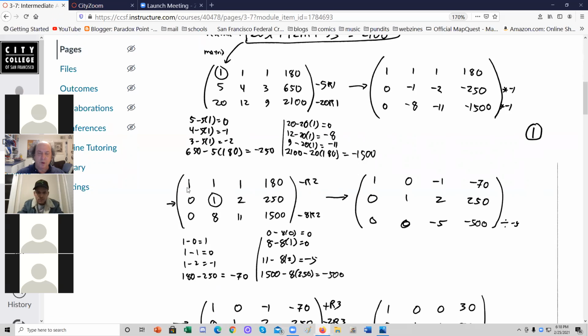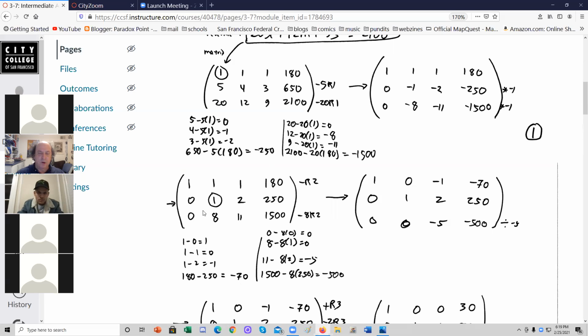Now, first row, 1 minus 0 remains 1. 1 minus 1 is a 0, put a 0 there. 1 minus 2 is a negative 1, put a negative 1 there. And 180 minus 250 is negative 70, put a negative 70 there.